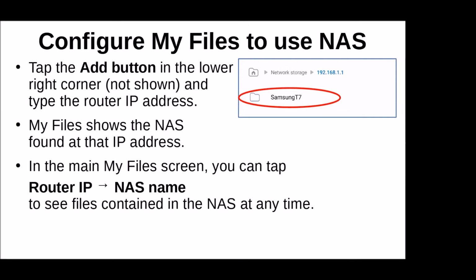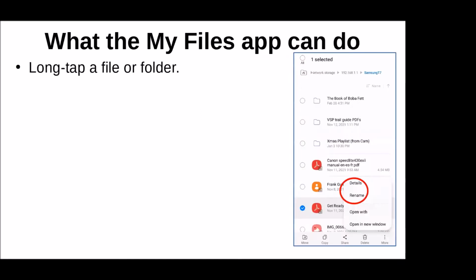Tap that NAS name to see the files and folders in it. And likewise, you can do things like delete files, copy files. To do that, you long tap a file or folder and you'll see a list with circles to the left, and you can select more than one thing that you want to apply an action to.